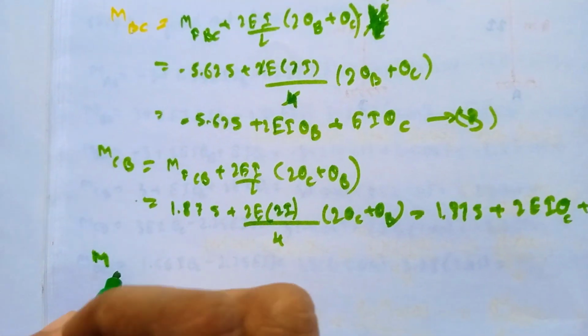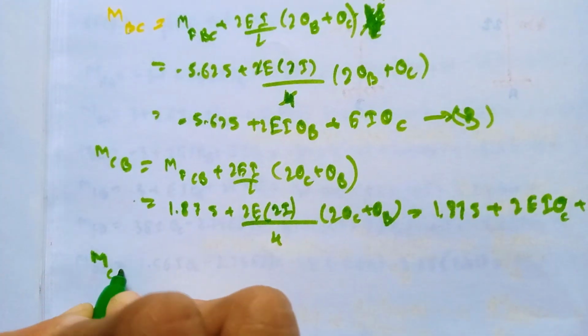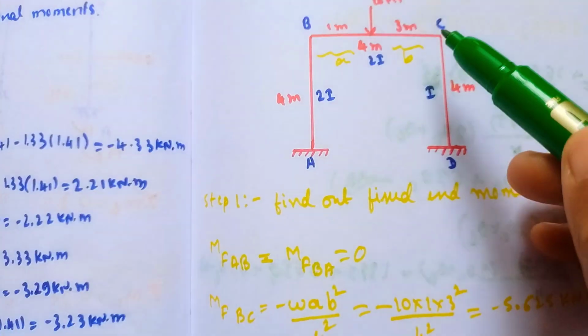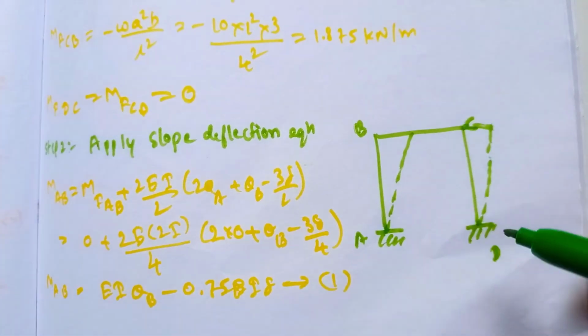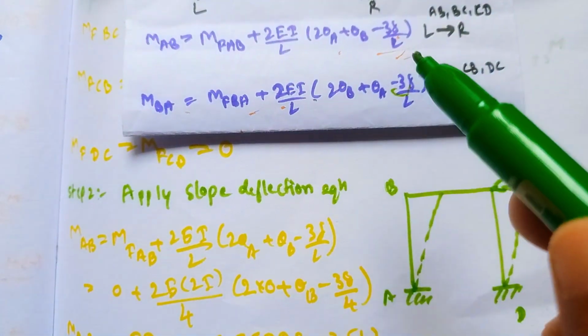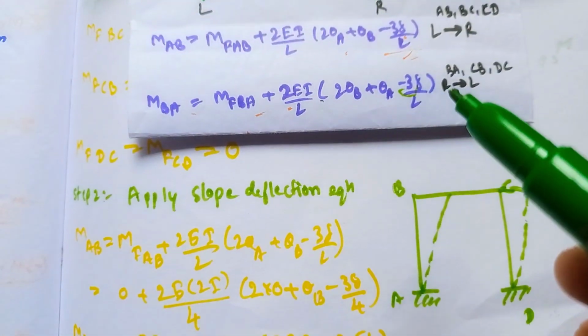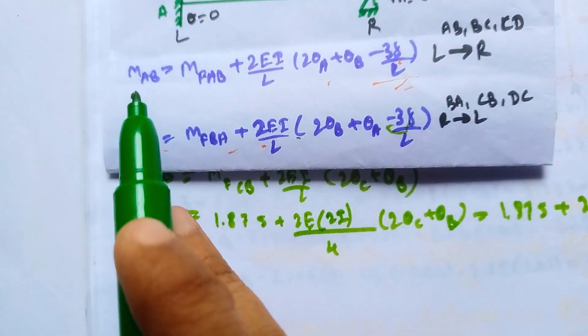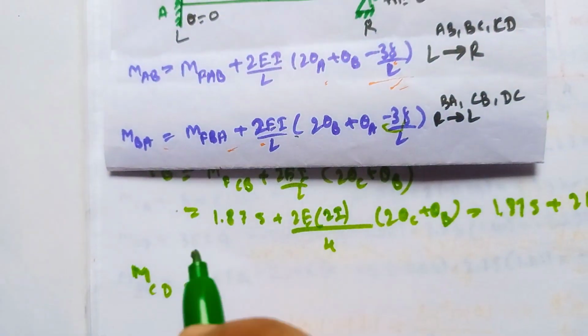Similarly, now we will see for MCD. It is a vertical member, so deflection is there. We should add the 3 delta divided by L. In case of a vertical member, 3 delta divided by L we need to add. Here, in case of AB, you need to put CD.